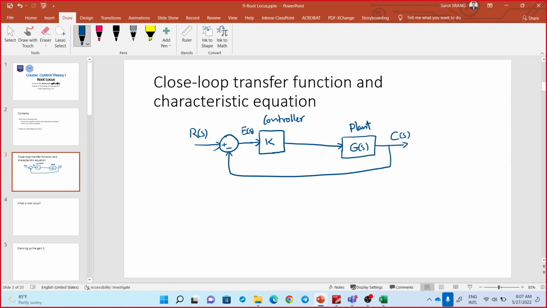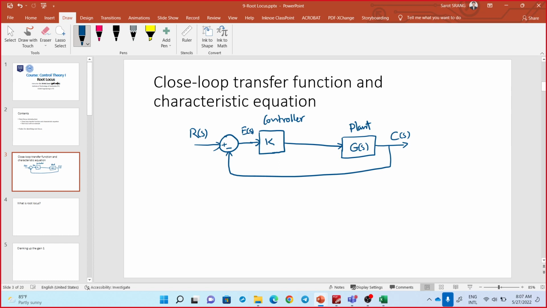One method to design the controller, to find K, is called root locus. But before that, let's see the characteristic equation of the closed loop transfer function.